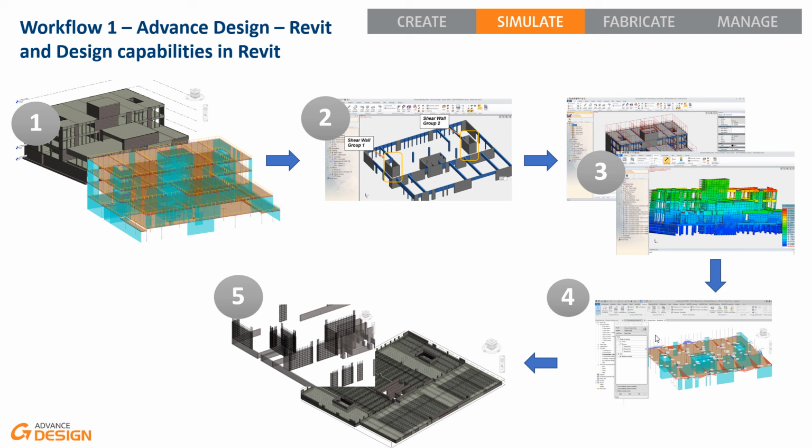It's a command you can find in the analysis tab inside Revit, where it will be possible to display what we call a result package. A result package is a set which contains all design results coming from an external FEM software.